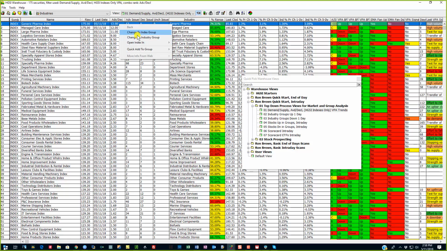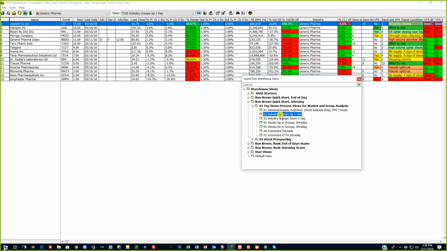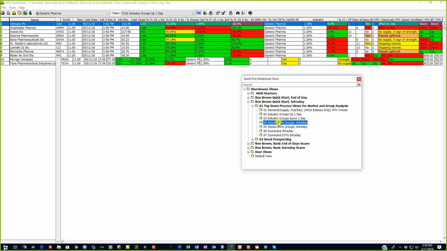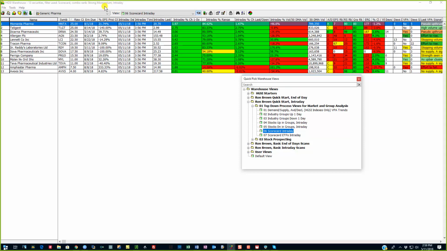Let me quickly change to the industry group here. Now I'm going to go back down to the stocks up in groups, and I'm sorted on raw combo. I want to go to scorecard intraday, which is based upon strong momentum. You can see the combo changes right up here, and Momenta Pharma goes to the top of the list.